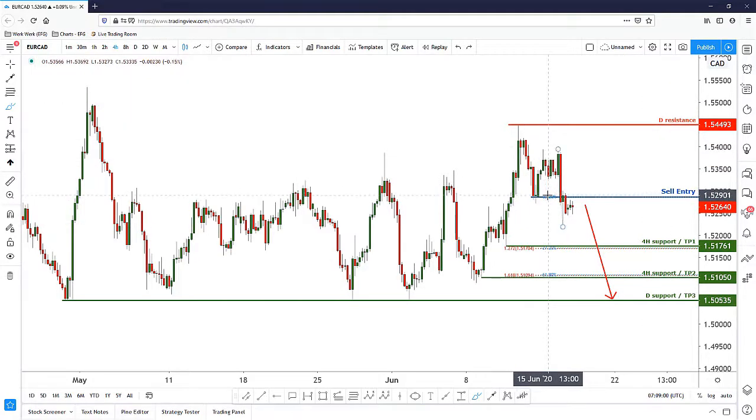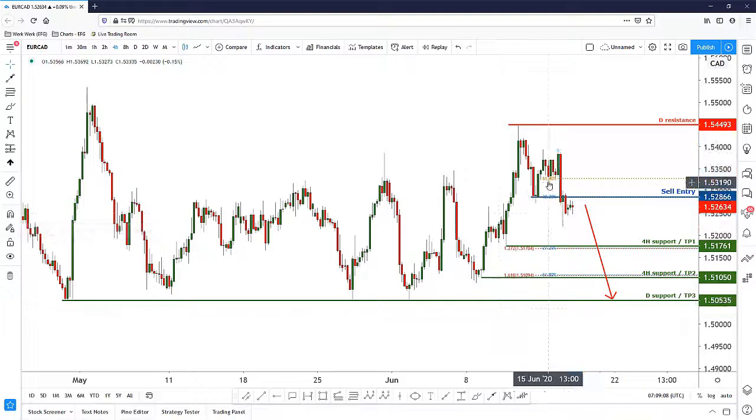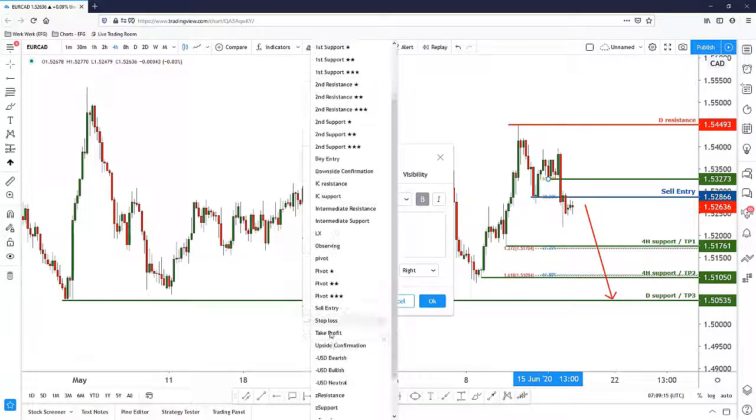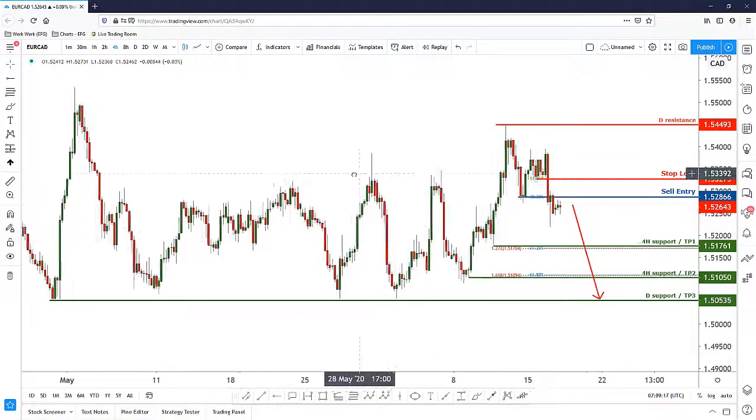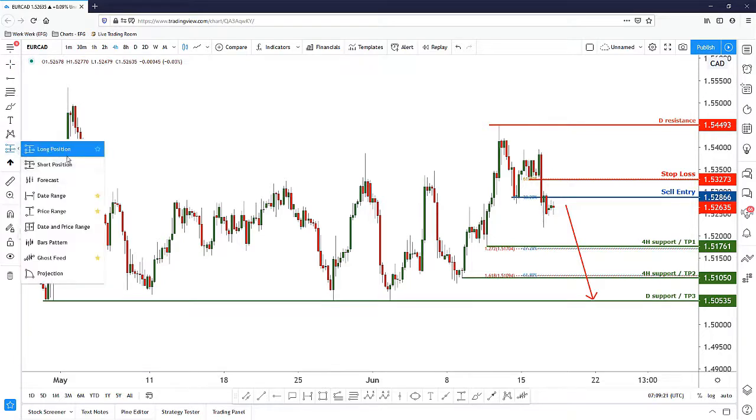As for where my stop loss should be, the stop loss is really any level that you're comfortable with. But in this scenario, I'll just use the stop loss at the 61.8, which also happens to be the graphical overlap over here. So this makes out to be a nice risk reward ratio.